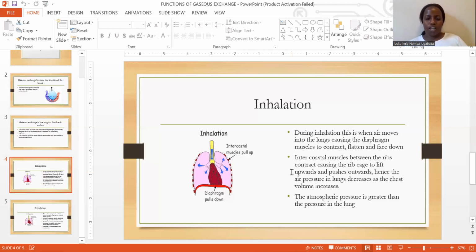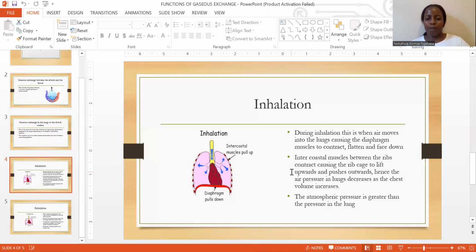That's why if you're looking at the diagram, we're saying the diaphragm is actually pulled down. So as the diaphragm pulls down, it simply shows you that this is your what? Your inhalation.